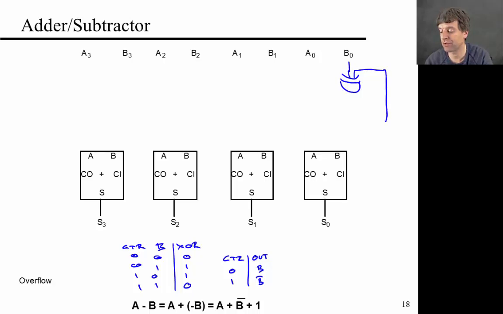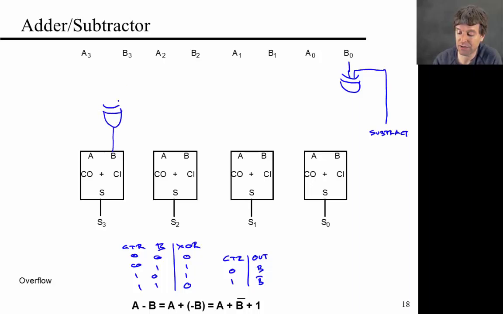In such a way that whenever this control input is true, I'm doing subtraction, and whenever it is false, I'm doing addition. And of course I need to use the same control input for every one of my b's, because I want to flip all the bits of the number at the same time.